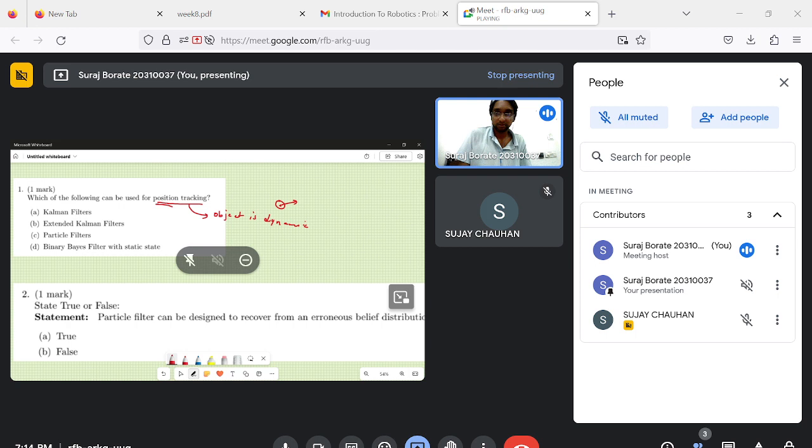In Markov localization, for every cell of the environment you need to find the probability or the uncertainty, and you have to compute the updates. Whereas in Kalman filter, you compare the states and the operations.